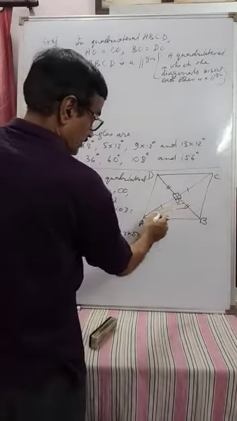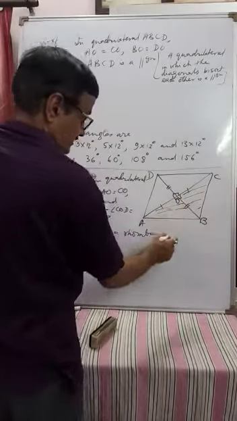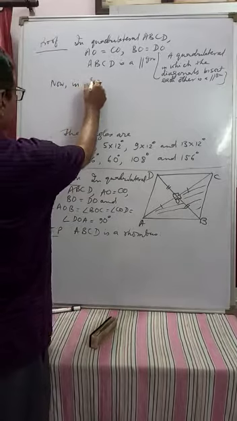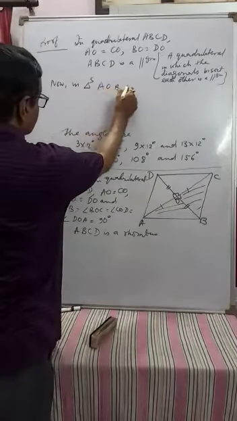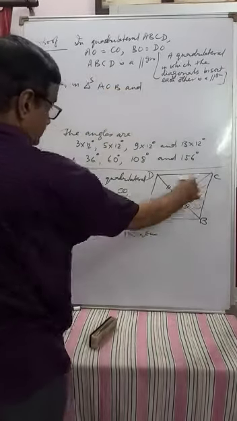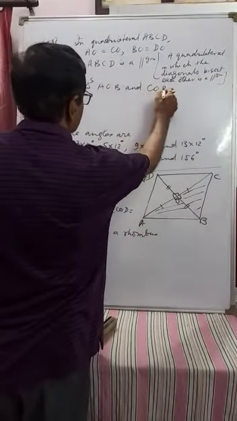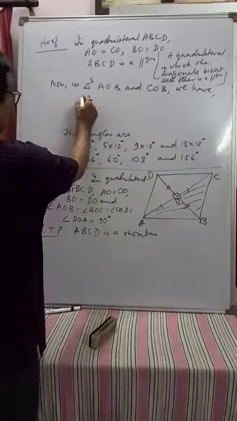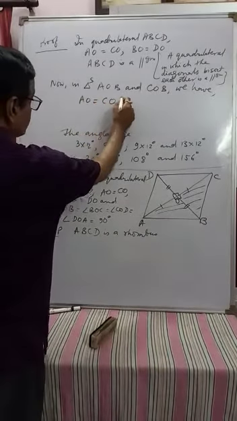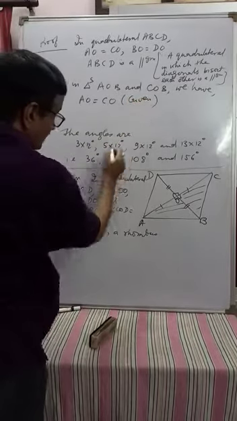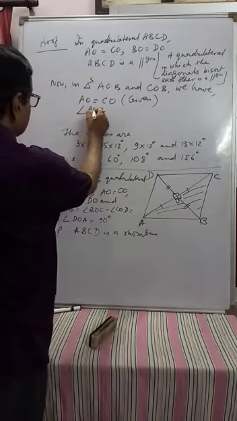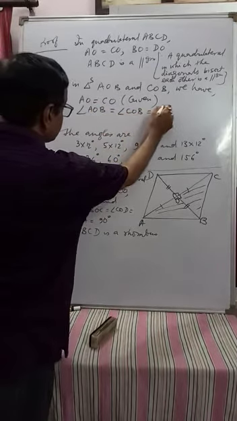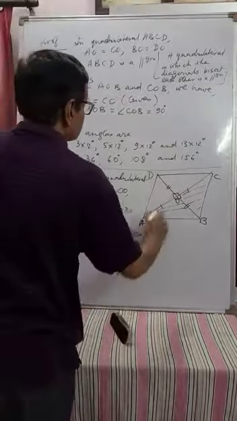So for that, let us take these two triangles. In triangles AOB and COB, we have AO is equal to CO, it is given, and angle AOB is equal to angle COB, which is equal to 90 degrees, that is also given.